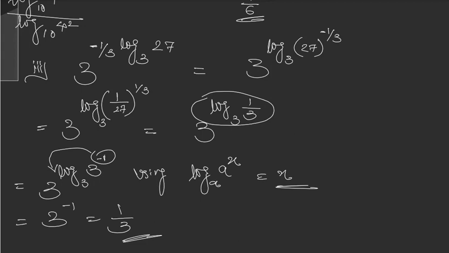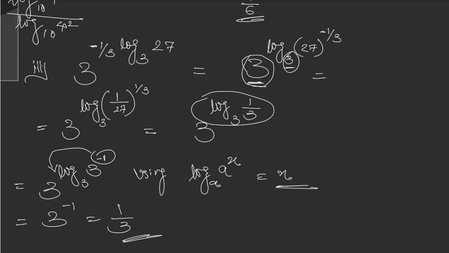Over here, as you can see, we have a number raised to log of some number to the base of the same number, right? 3 raised to log of 27 raised to minus 1 by 3 to the base 3. So when you have a number and the power is a logarithm whose base is the same as the given number, then you can directly write it.